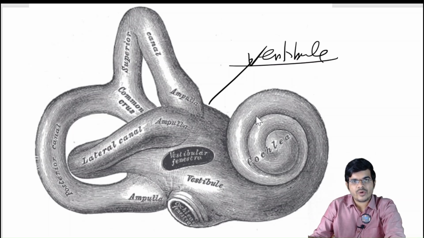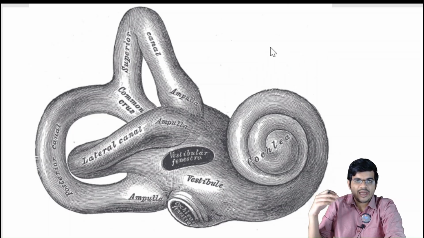Within the cochlea, the membranous part is the scala media, or the cochlear duct. Scala media is the same as the cochlear duct. Now, this picture shows how it looks in real life when you are dissecting the petrous temporal bone and looking for the semicircular canals.